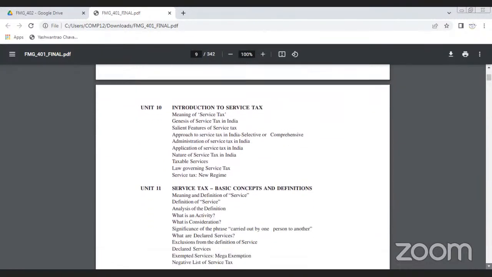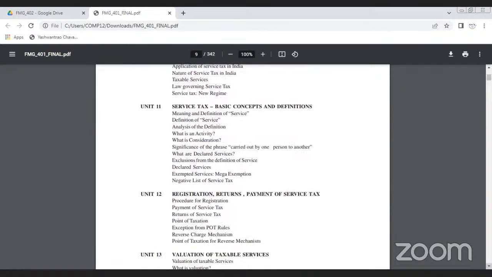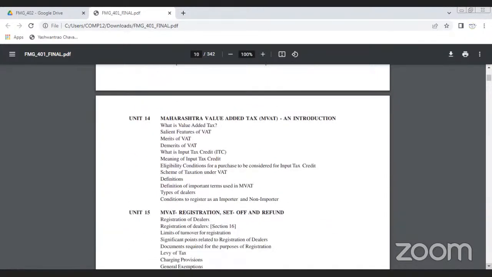Introduction of sales tax, basic concept and differences, registration, return and payment of service tax, valuation of taxable services, and MVAT, value added tax, which are also concepts of indirect taxes.